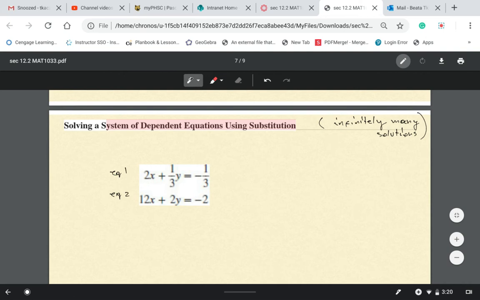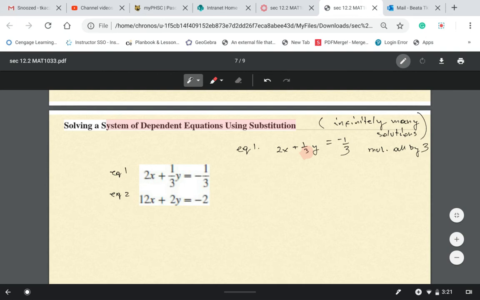So look what happened here. Let me start with equation 1, which is 2x plus 1 over 3y equal negative 1 over 3. A couple of ways you can see that they are equivalent. I'm going to do the easy way. I know that you guys don't like fractions, so to not have a fraction, there is 3 in the denominator, so I'm going to multiply all by 3.